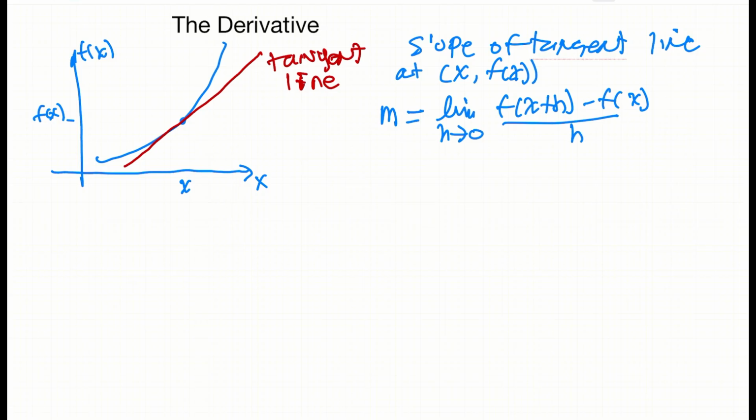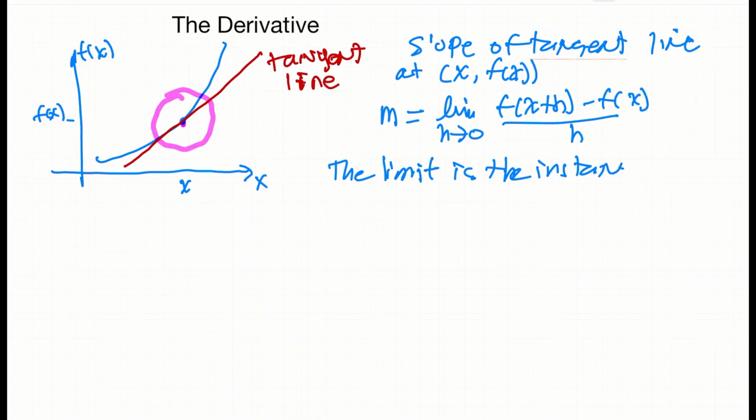As we get close to this point, coming at it from the left and the right, we're going to approach whatever that number is right there. So that's what that's telling us. So the limit is the instantaneous rate of change.